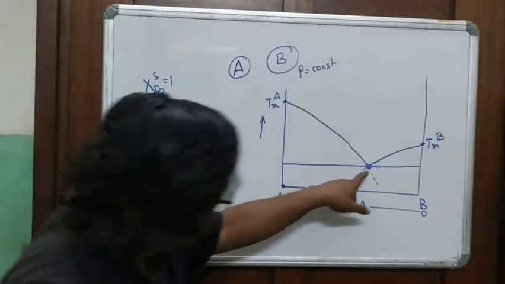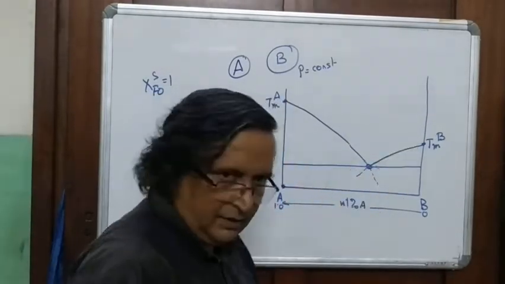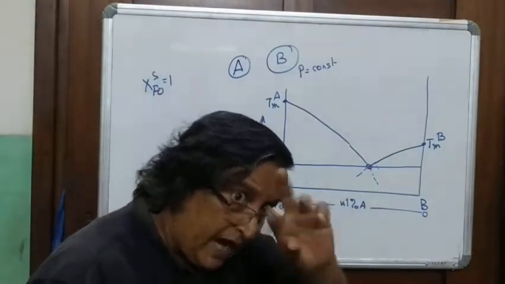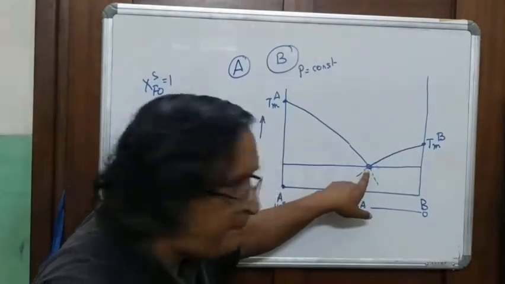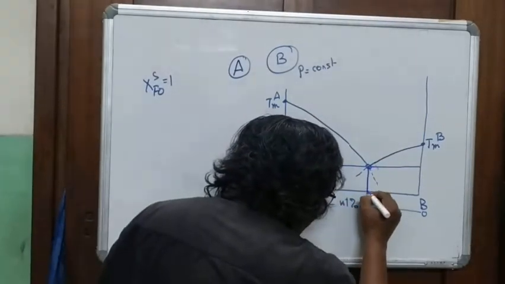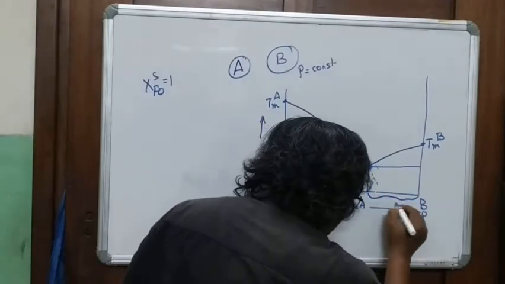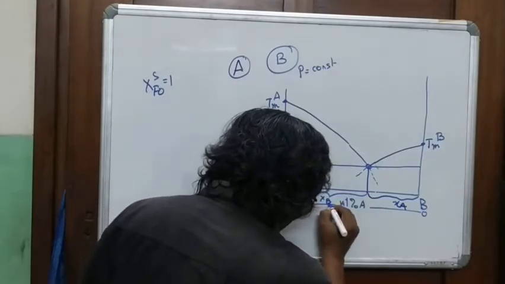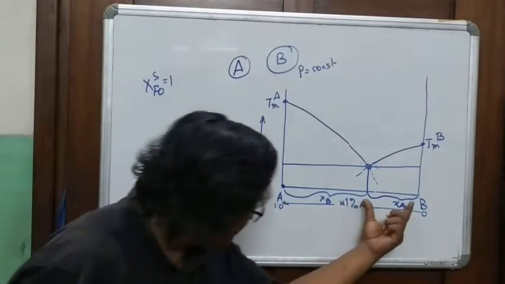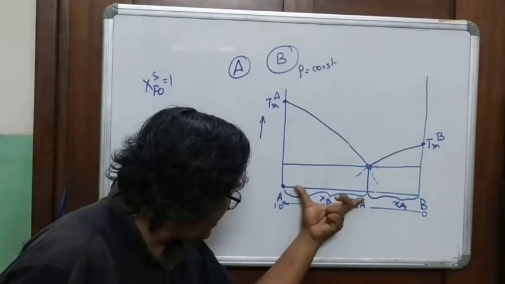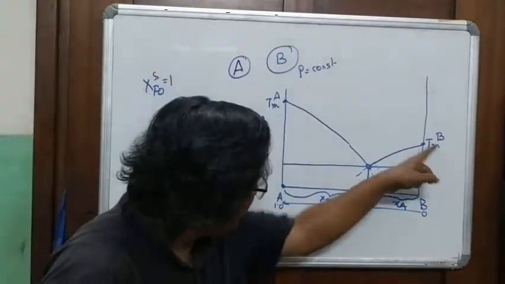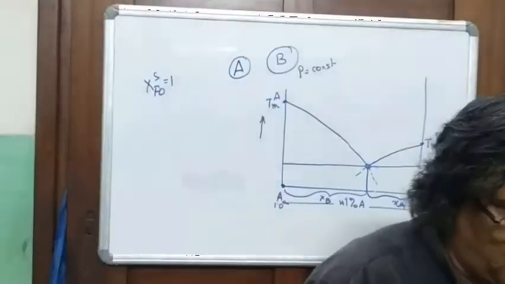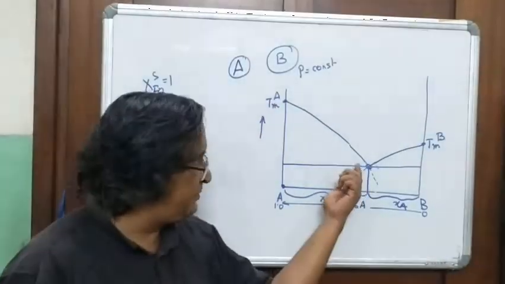So this is the last point where A and B can be in equilibrium. Both pure A and pure B will be in equilibrium with a liquid whose composition is this much amount of XA and this much amount of XB. Mark my words here. So A and B will be in equilibrium with a liquid which is neither pure A nor pure B. It is actually a solution between A and B, the liquid.